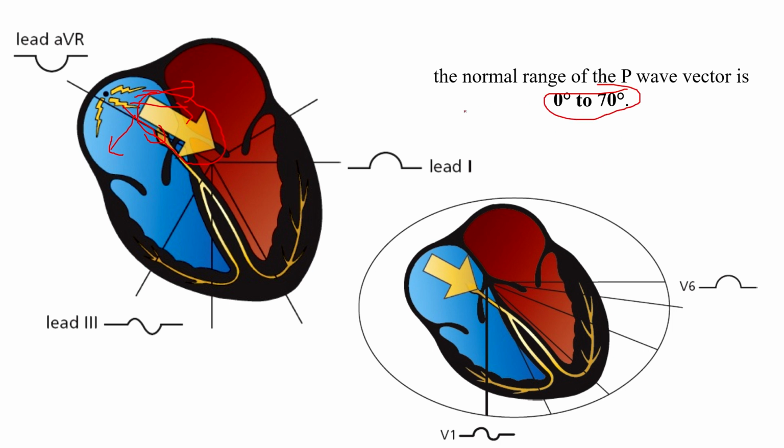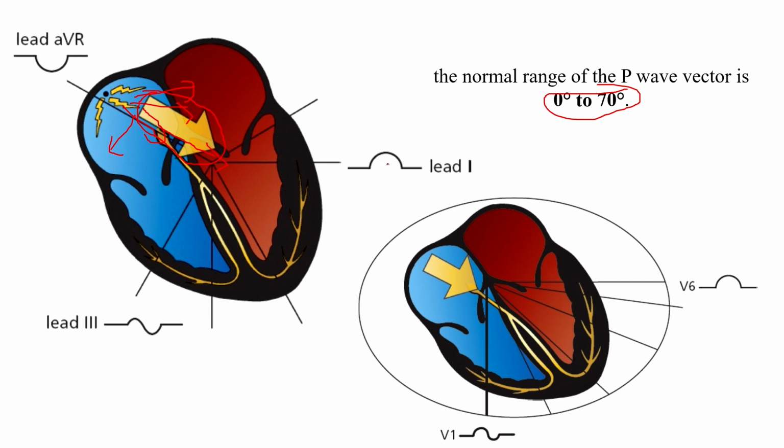And how does it help us? It helps us on the leads. For example, if you remember, we said lead 1 is 0, lead 3 is 120, and lead AVR is minus 150. If we take these three leads from the frontal leads, we have lead 1. The vector is getting closer to lead 1.